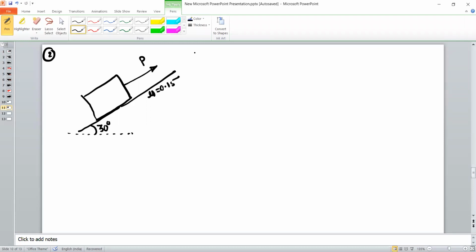So in this problem, a block of weight 1000 Newton is kept on the rough inclined surface.